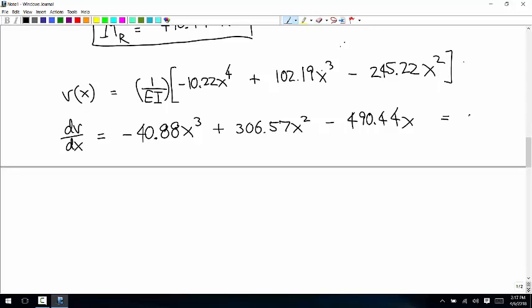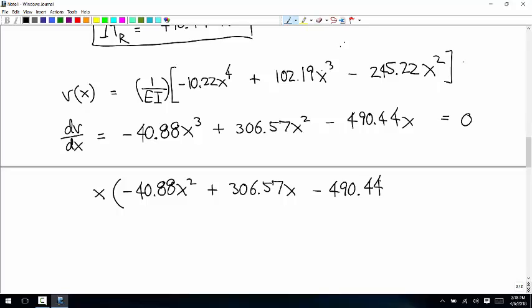We're going to set that equal to 0. That is a cubic, but one of the roots is 0. So we have x times negative 40.88 x squared plus 306.57 x minus 490.44 is equal to 0.